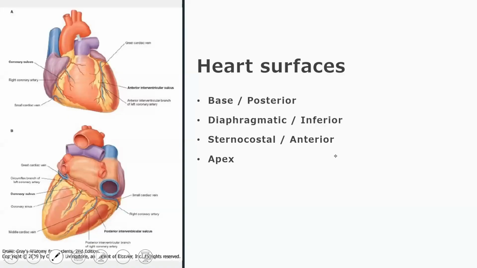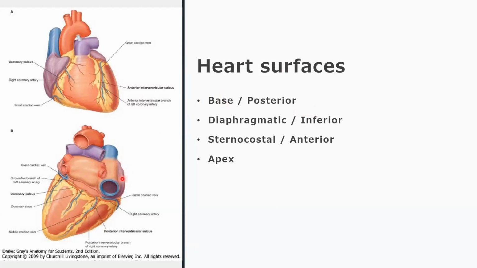If you look at the heart, again, it can be described in different surfaces. You have a base or the posterior surface, which is situated more posteriorly, right, in contact with the esophagus and the structures behind.